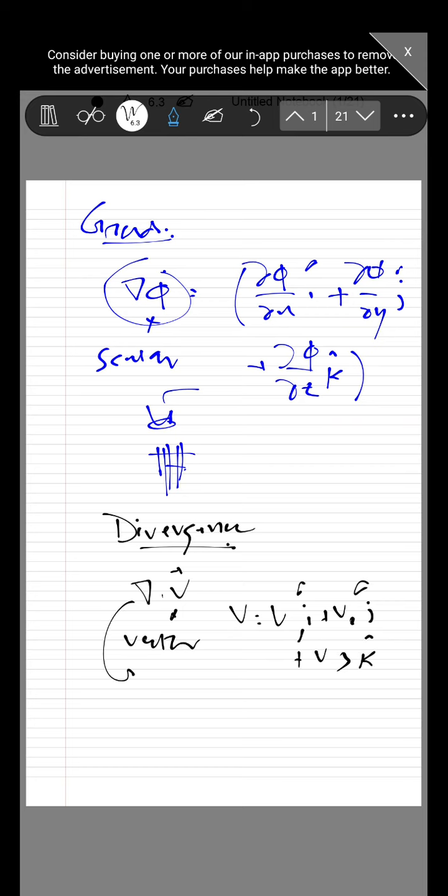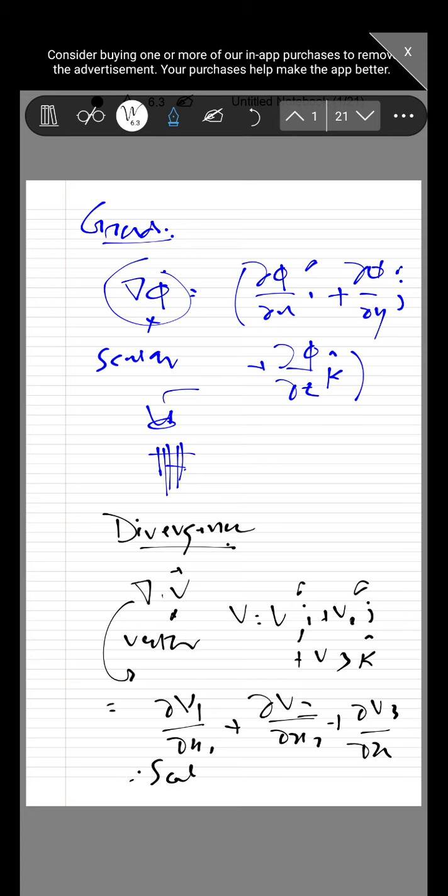So the divergence will be equal to simply del v1 by del x1 plus del v2 by del x2 plus del v3 by del x3. So even if del and v are vectors, the dot product is actually a scalar. And in the gradient, from scalar we are converting into a vector. So these two complement each other.